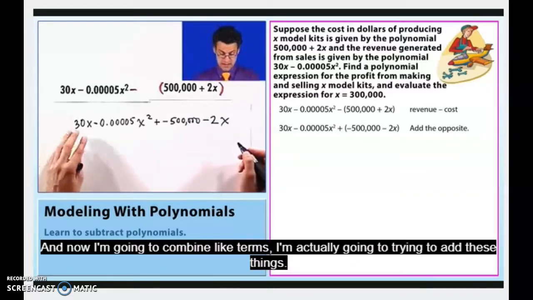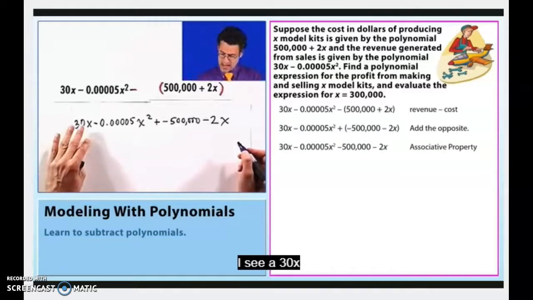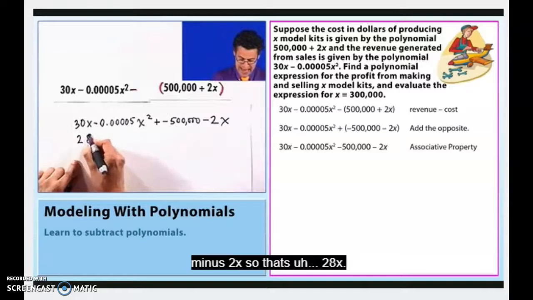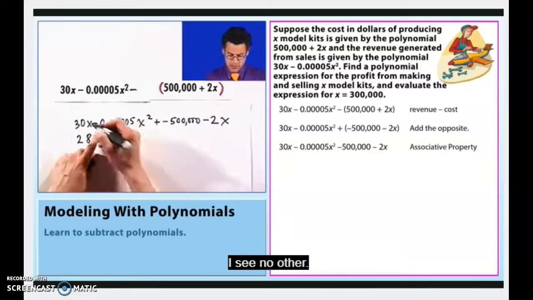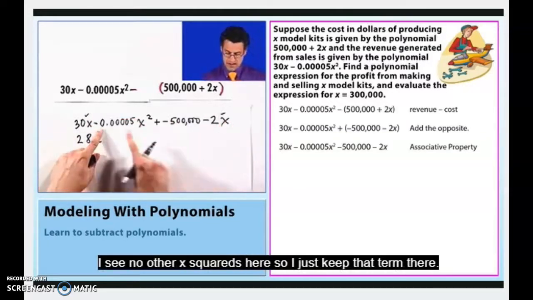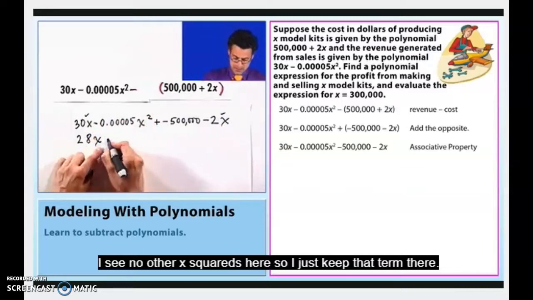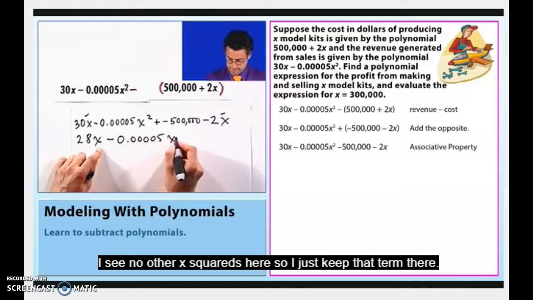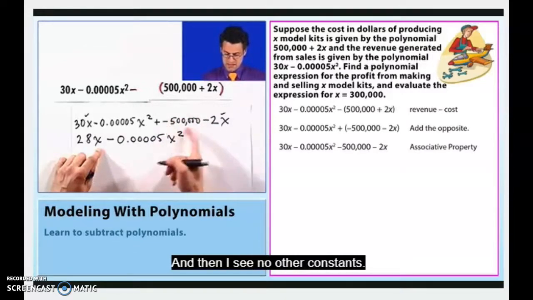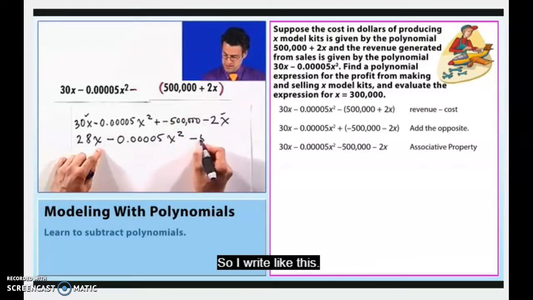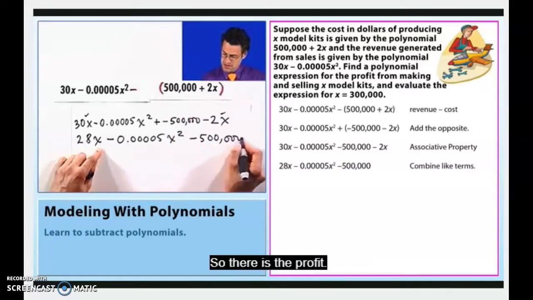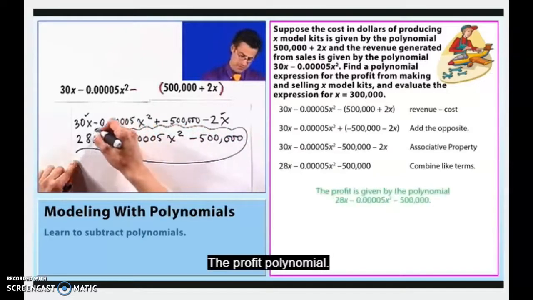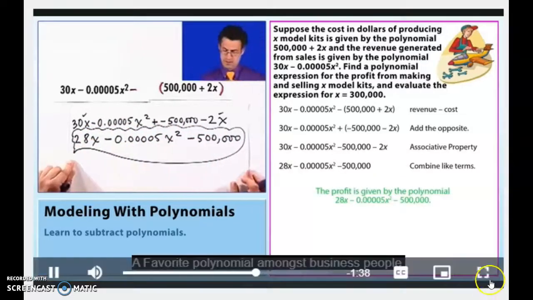I'm actually going to try to add these things. I see 30x minus 2x, so that's 28x. I see no other x squareds here, so I just keep that term there. And then I see no other constants, so I write it like this. So there is the profit polynomial, favorite polynomial amongst business people.